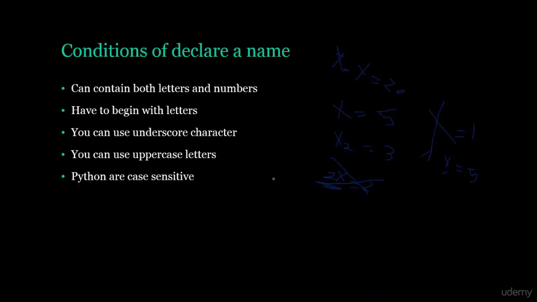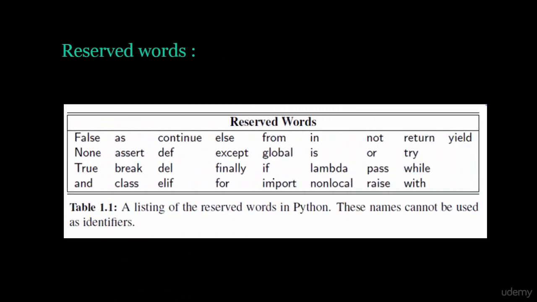You cannot use any reserved words of the language. Like what? There are 33 words you cannot use in your declaration of a variable name.